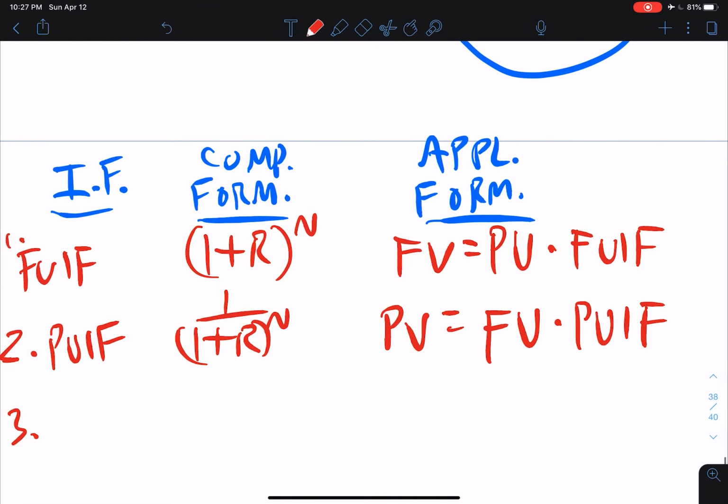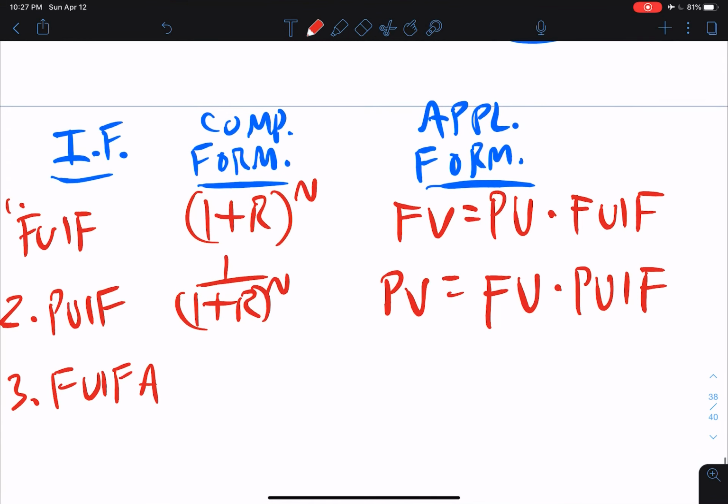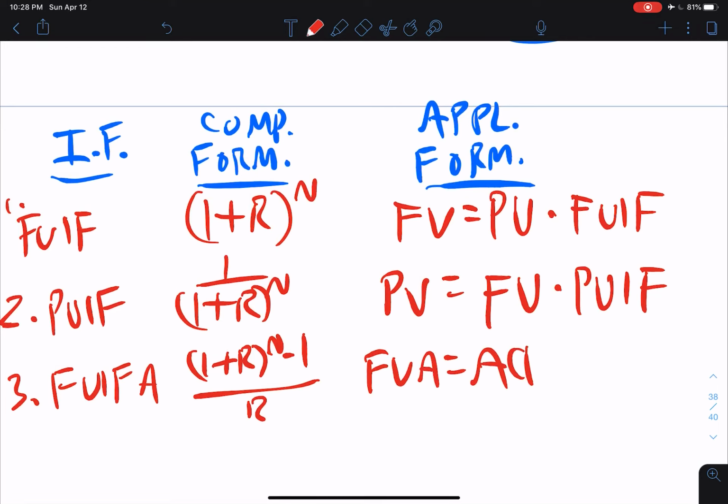The third interest factor was the FVIFA, and the computational formula was 1 plus r to the nth power minus 1 over r, and the application formula was future value of annuity equals annuity cash flow times future value interest factor for the annuity.